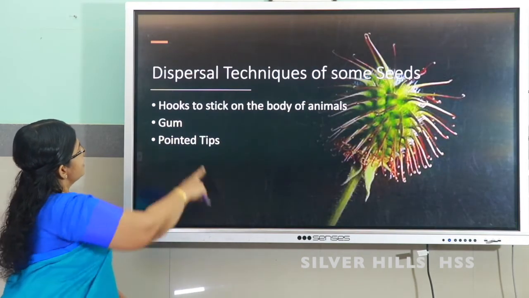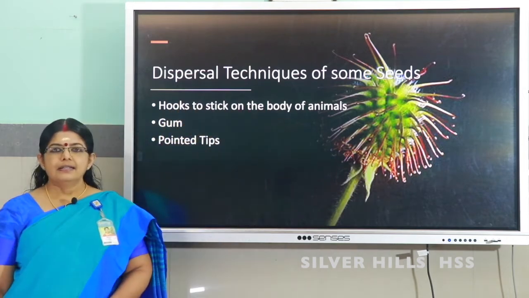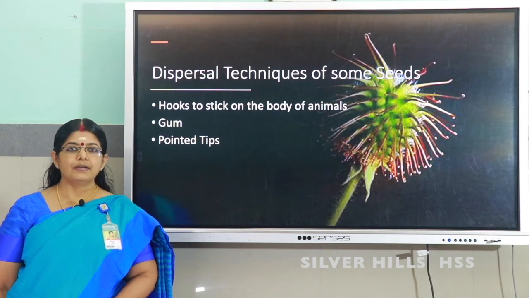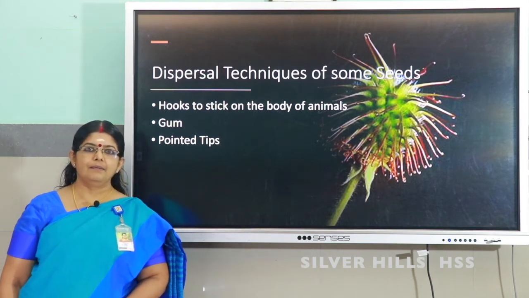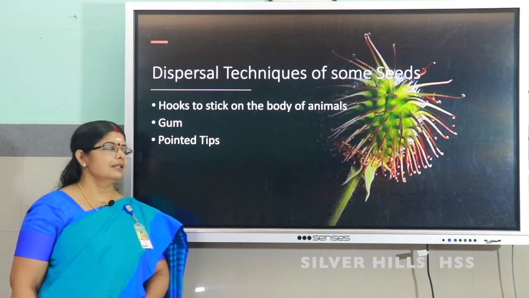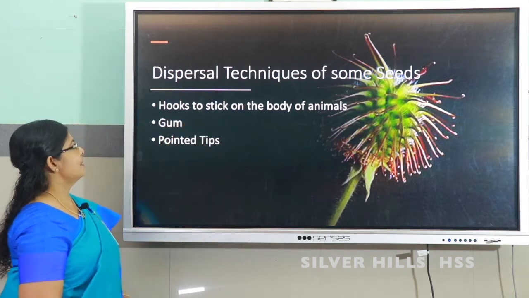Next, we will study the dispersal techniques of some seeds. Certain seeds have some dispersal techniques. What are they? And what are the things that help the seeds to disperse? Hooks to stick on the body of animals.